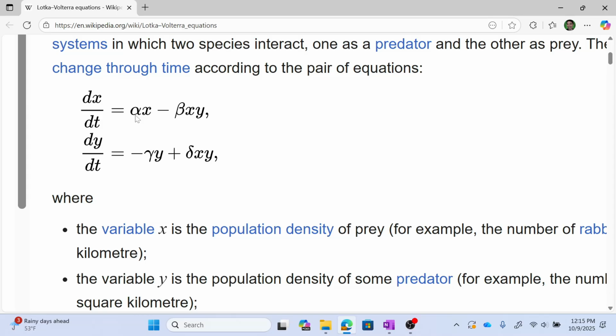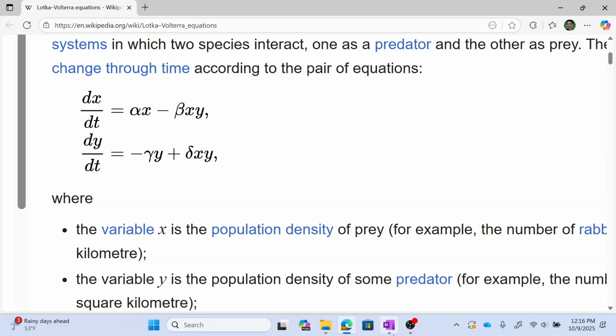And let's try and make sense of what's going on there. What they're saying is that the rate of change of your population is going to be affected first of all by the current population that you have. The rate of change of the number of rabbits is going to be partially proportional to the number of rabbits that you already have.